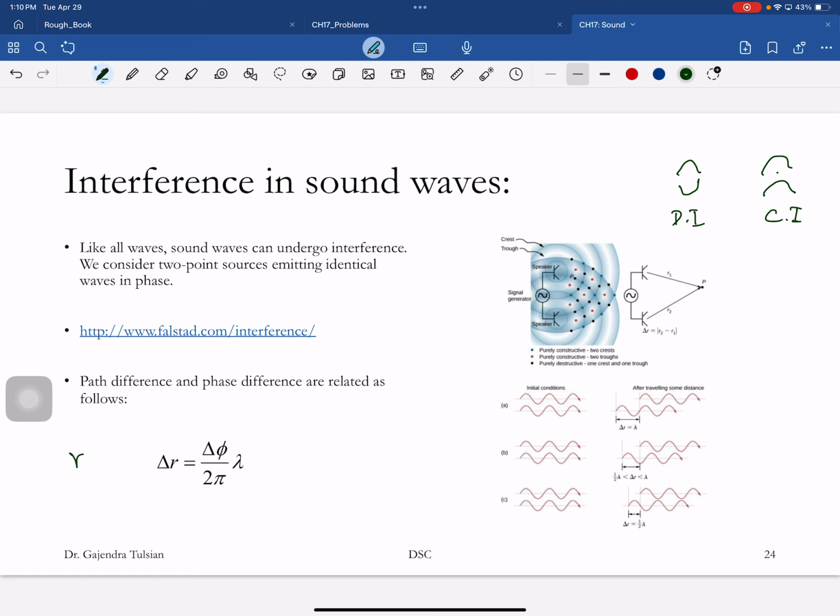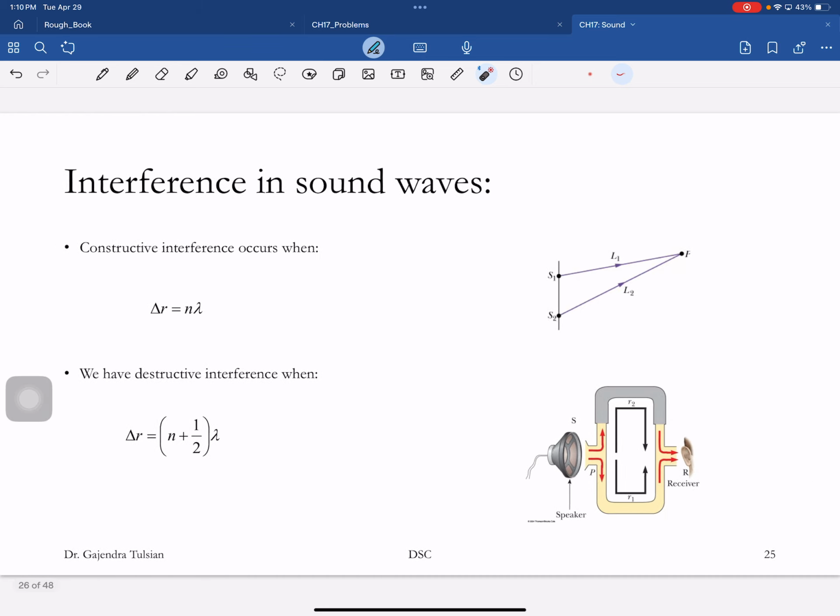So this is R2 minus R1, and that's equal to the wavelength divided by 2 pi times phi. If the path difference is n times the wavelength, then you'll get constructive interference. If the path difference is an integer plus half times the wavelength, then you'll get destructive interference.